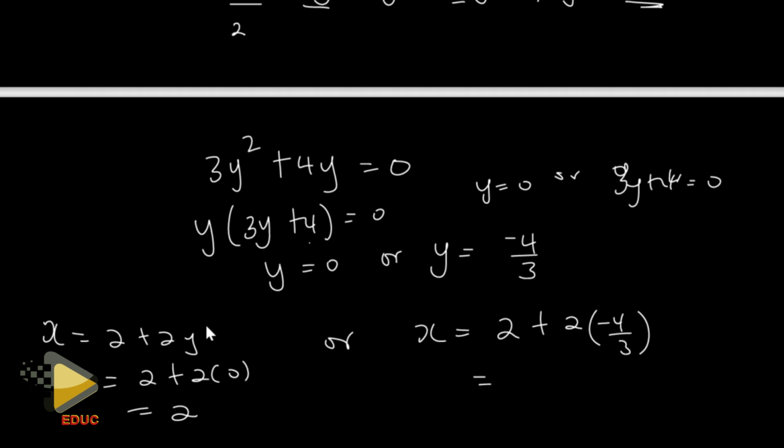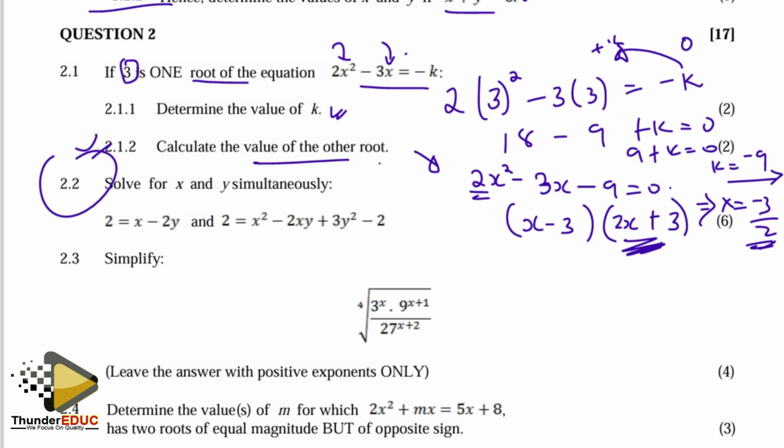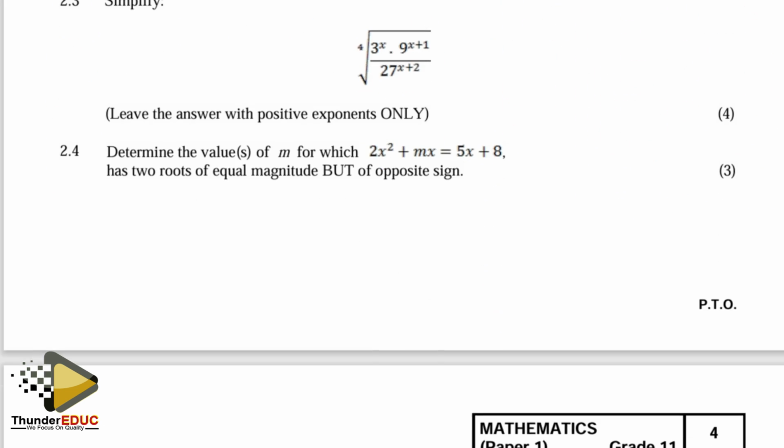And then that must give me 2 plus negative 8 over 3, which is negative 2 over 3, if I simplify it further. All right, so that is question 2.2.